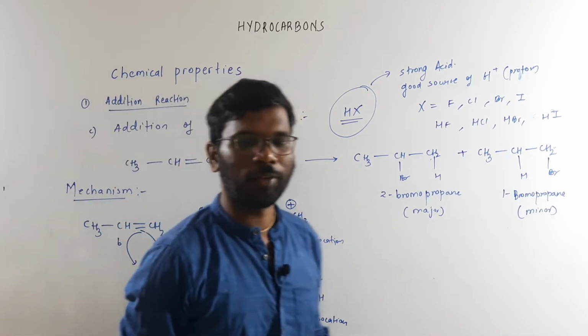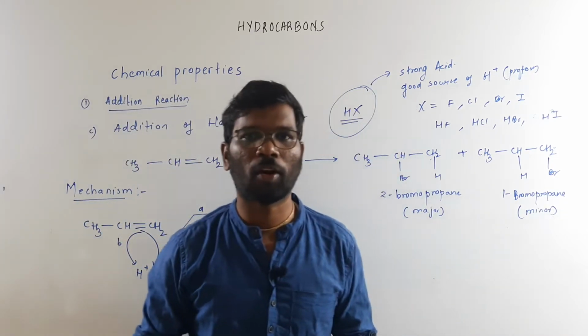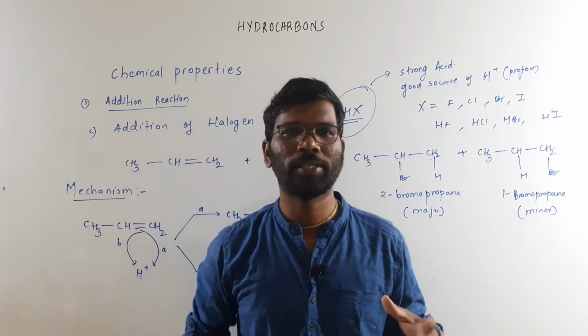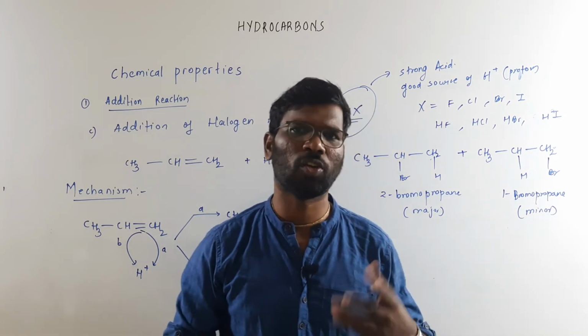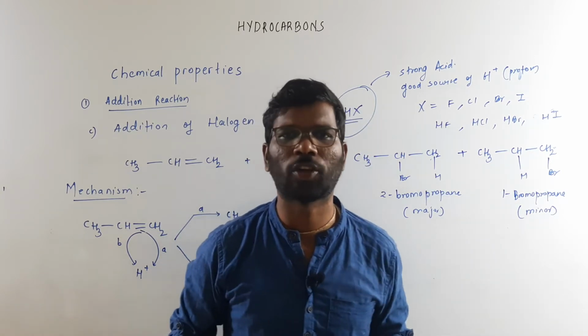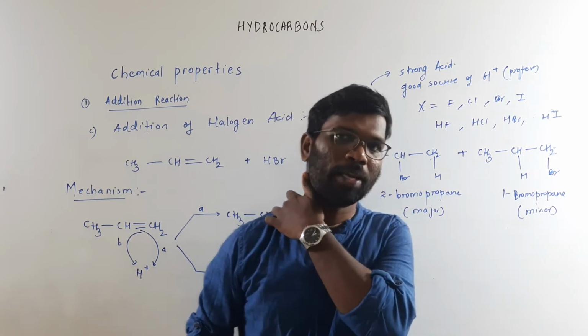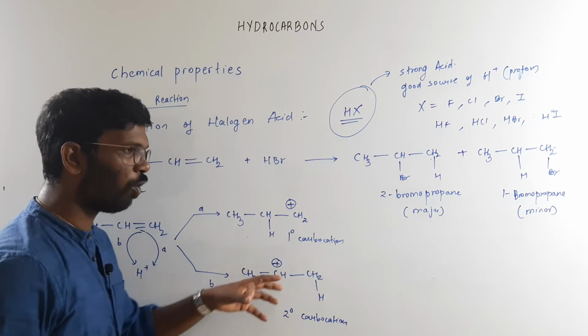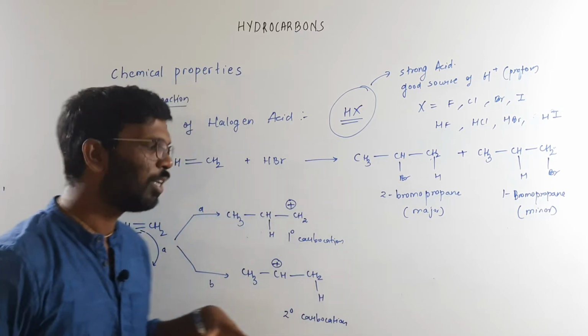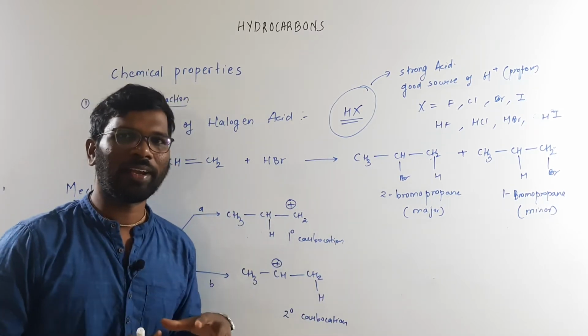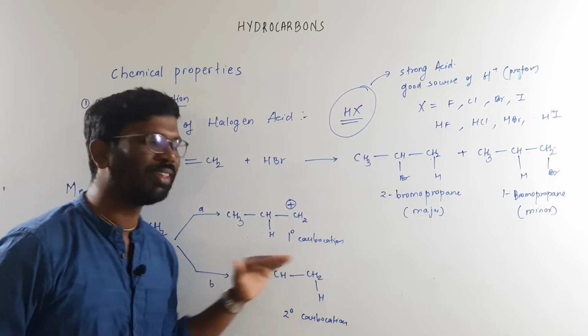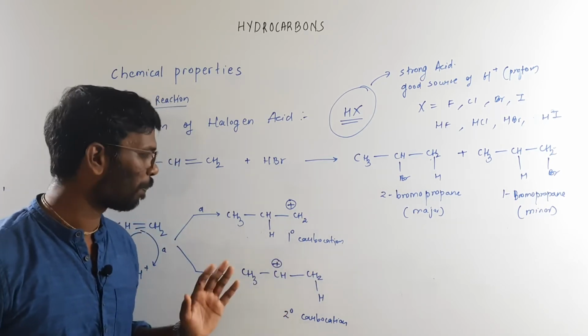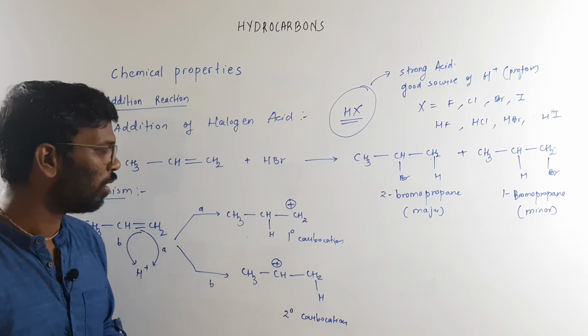Now, if you think of the stability of the carbocation, like primary, secondary, and tertiary: tertiary is always more stable than secondary, and secondary is always more stable than primary. Same thing over here. The carbocation which is being formed here is more stable. So the maximum amount of the reactant is going to go via this step, that is the formation of this carbocation.